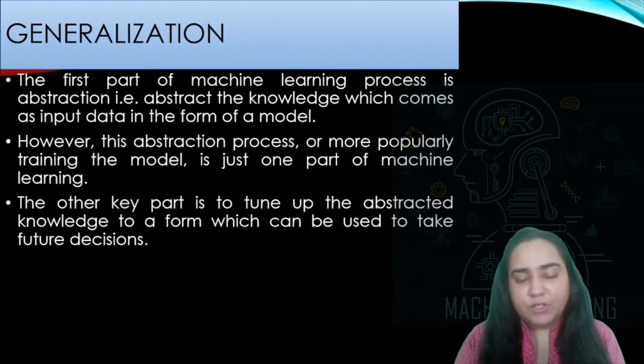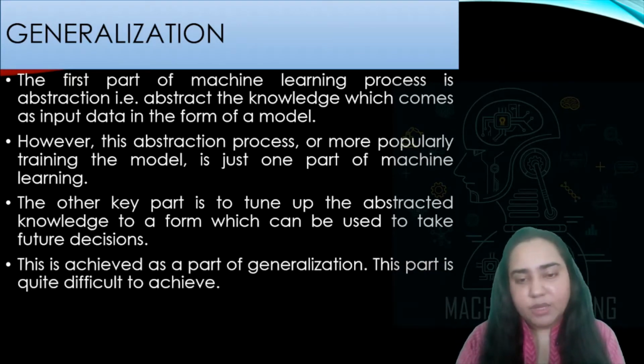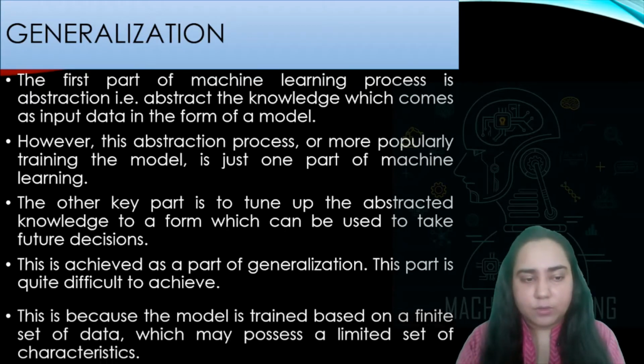So once you have abstracted the model, that's not where the game is over. You have to still consider how that model is going to help you to predict future data or future values of the same kind. This can be achieved using generalization. This is quite difficult to achieve. Training the model is quite easy, but achieving generalization is difficult.